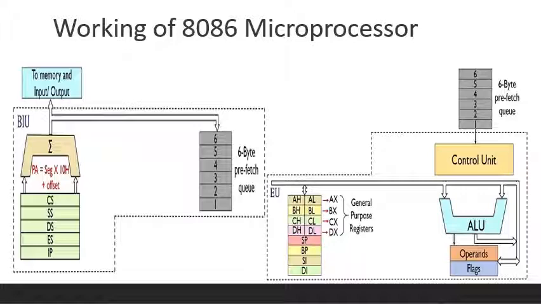Let us take another example, considering the instruction ADD CL, 05H. This means that the operand 05 is to be added with the data present in the CL register and stored in the same register, that is CL.